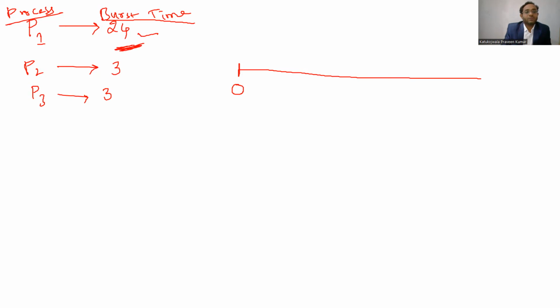So process 1 will take 24 units of time in this Gantt chart. It starts from 0, and process 1 takes 24 units of time. Then process 2 will take 3 units of time. Already in this Gantt chart 24 units of time are completed.